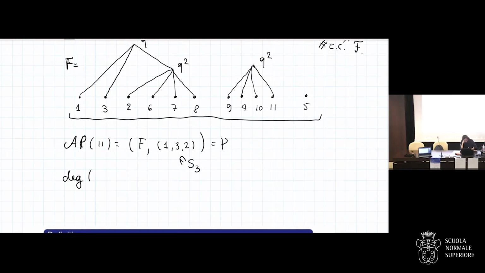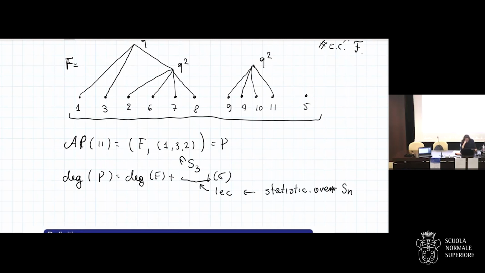We define it as the degree of f plus something that depends on sigma.